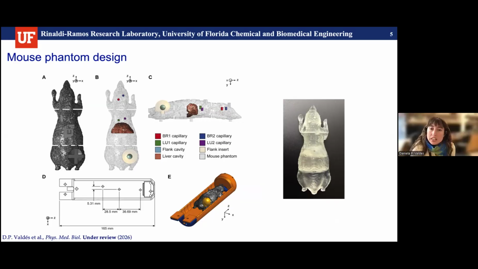Okay. So I don't know if the ground truth question was referring to the phantom exclusively, or you're thinking of both? Okay, both. So for this work, since we have the phantom, it's really easy.